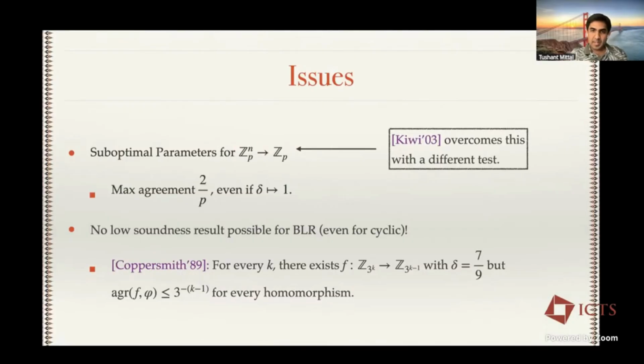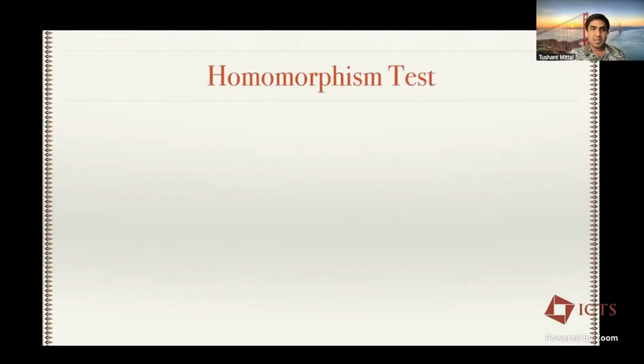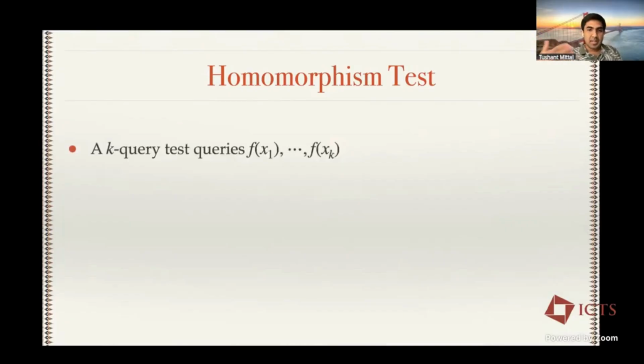So before we proceed, I'm going to define what I mean by homomorphism test more formally. So the setting is that there's a function for which you have query access, right? You can ask it questions about points, and then it replies with f of x. So a k-query test naturally can ask for the function value at k points, and it obtains f of x1 through f of xk.